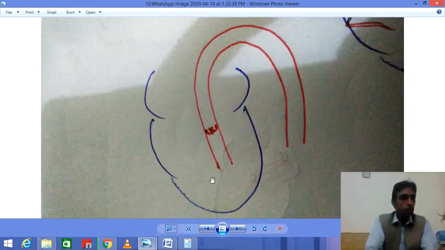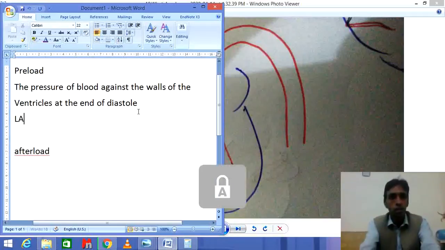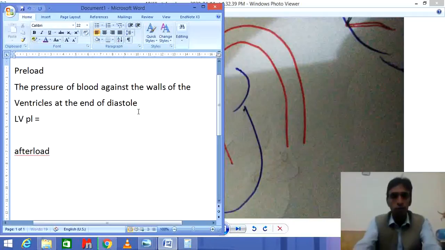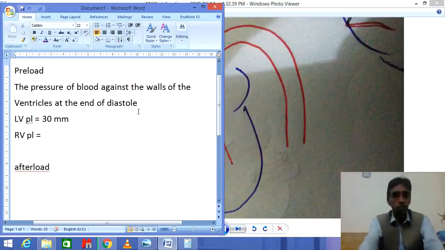The pressure preload is measured in millimeters of Hg. The preload of the left ventricle is equal to 30 millimeters of Hg, while the right ventricle preload is 7 millimeters of Hg.